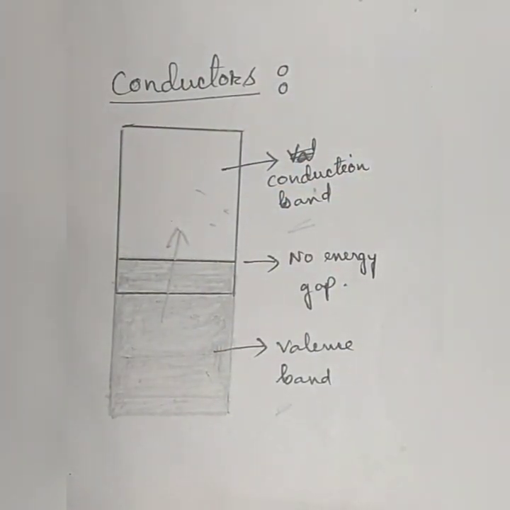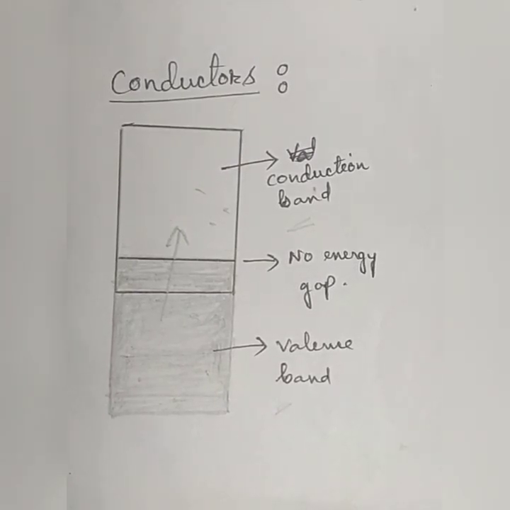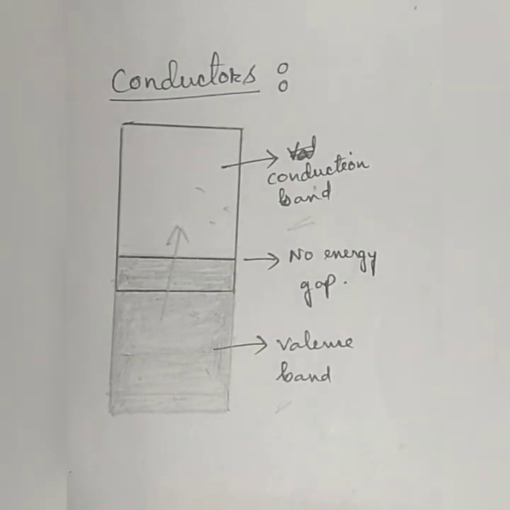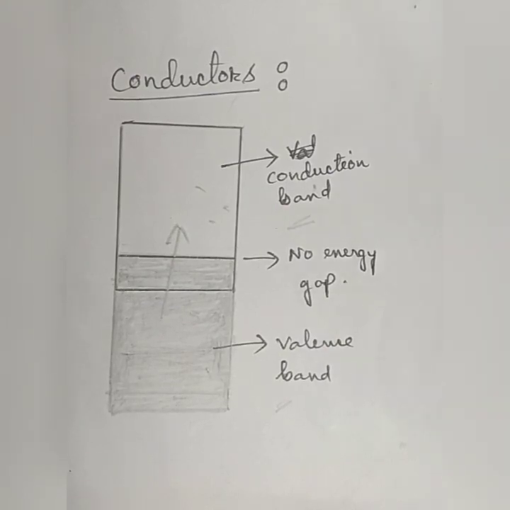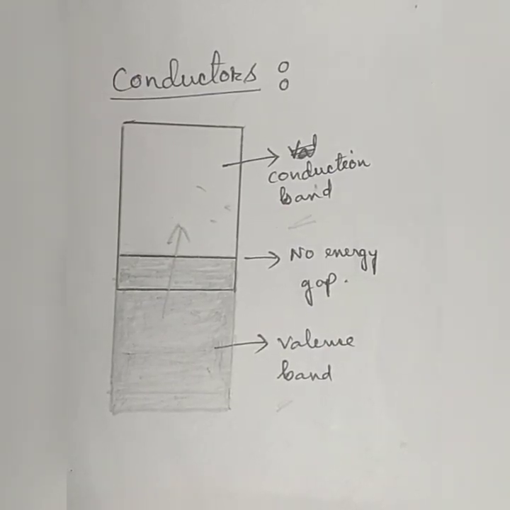And we know that when electrons move from one place to another, then electricity is generated. So conductors can generate electricity easily, because here the movement of electrons is easy, since there is no energy gap between the conduction band and valence band.